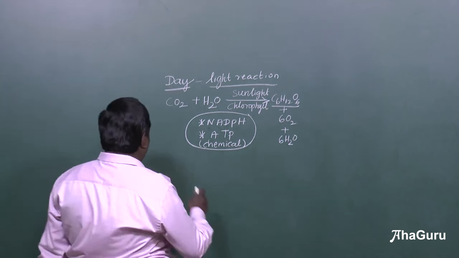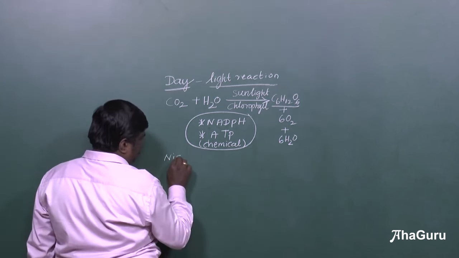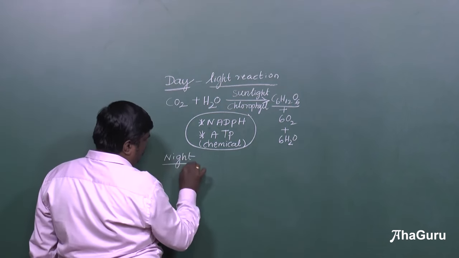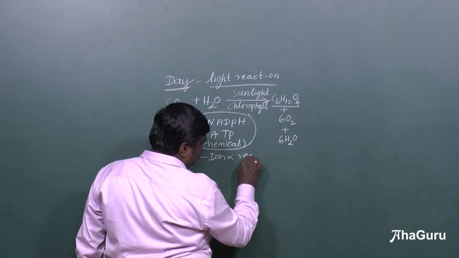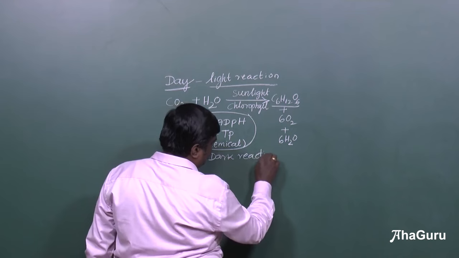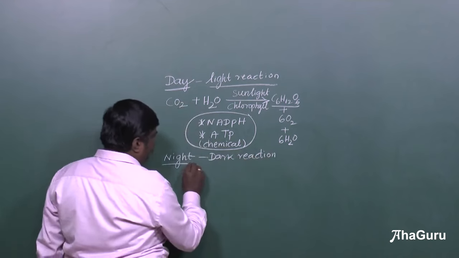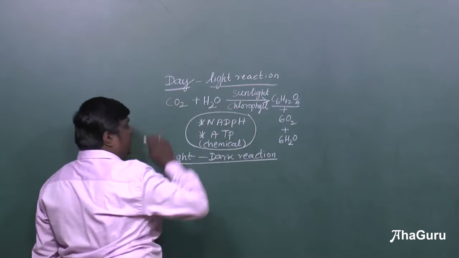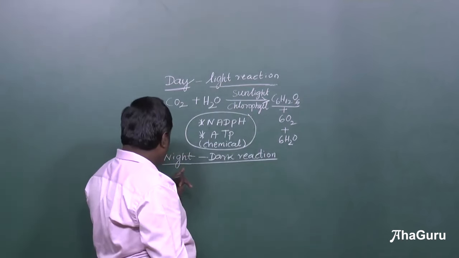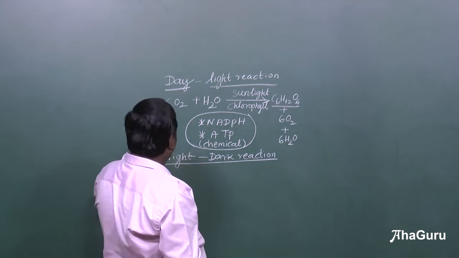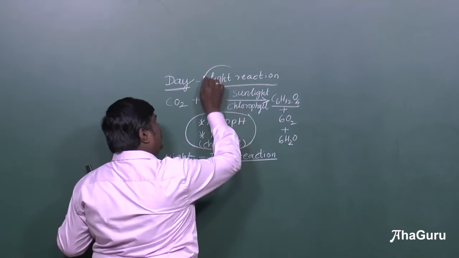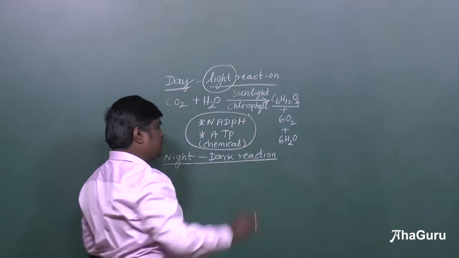During the night time, we call it the dark reaction. During the daytime, it is called the light reaction. Here in the daytime, with the help of light, the photosynthesis process takes place.